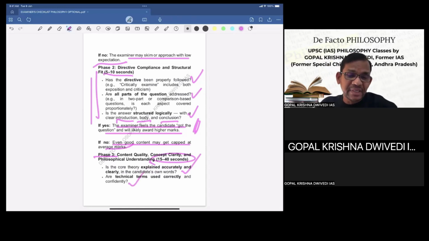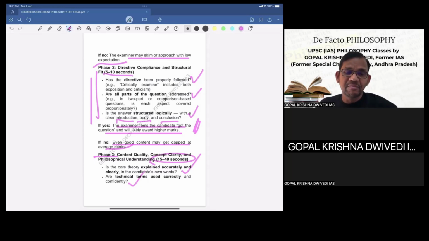I also keep repeatedly telling that technical terms and phrases have to be used here and there. For each topic, the student should have either a physical book or a digital book mentioning all the relevant philosophical terms and phrases. He should understand that, and he should also use it in the practice answers as well as in the final exam answer. So this is going to be seen.